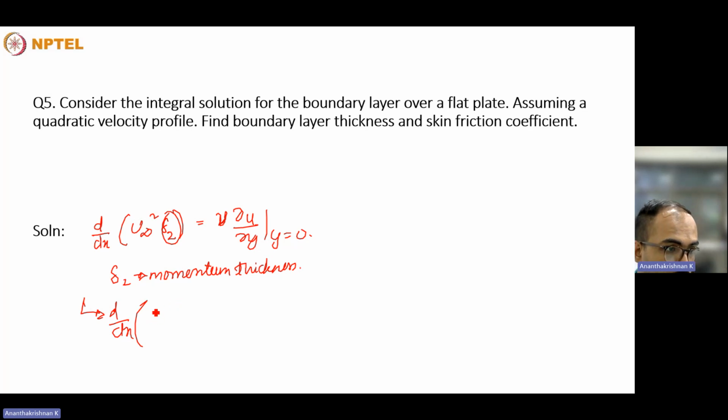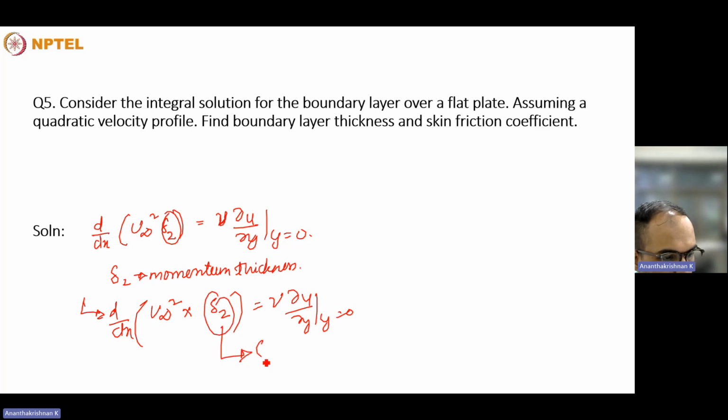So d/dx of u infinity squared into delta 2 is equal to the term at y equal to 0.